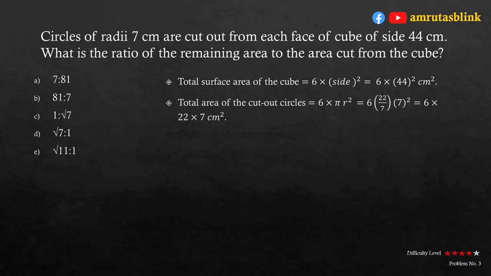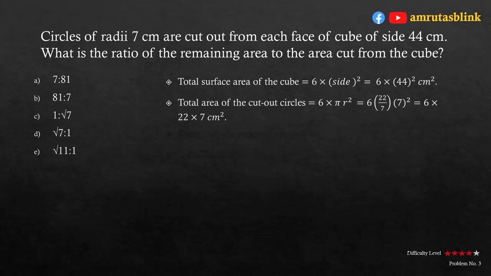There are 6 faces. So the area which is cut out from the cube in the form of circles is 6 into pi r square, that is 6 into 22 by 7 into 7 square. So by simplification we will get 6 into 22 into 7. This expression also we will keep as it is.